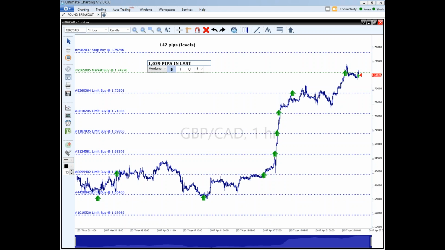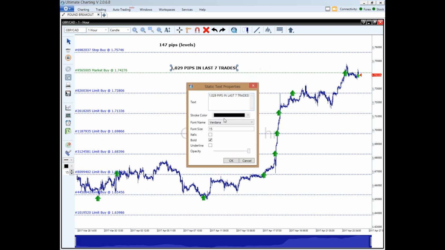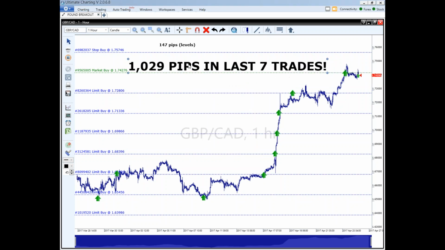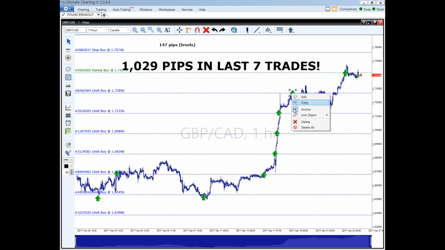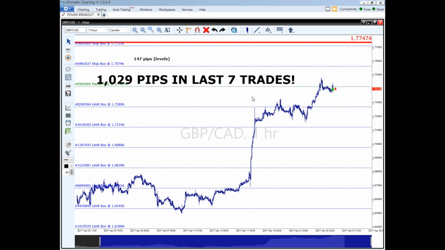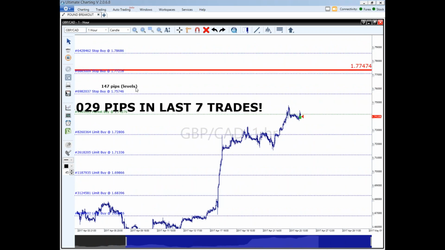In the last, what, 1, 2, 3, 4, 5, 6, 7 trades. Type in a yes if you like how this works so far. And I haven't even shown you the rest of the pairs. I'm just showing you pound Canadian here at the moment. And there's the D extension that we're looking to go after.